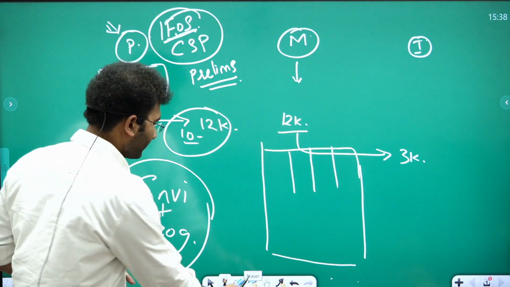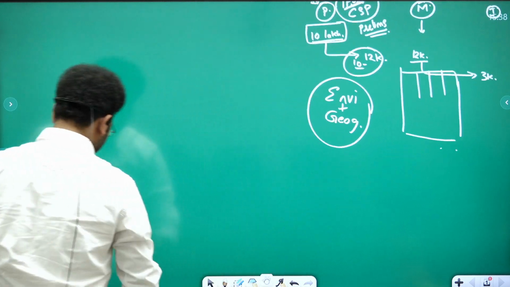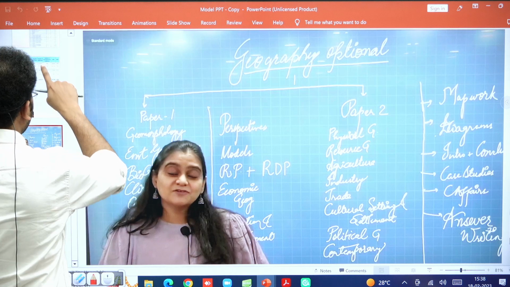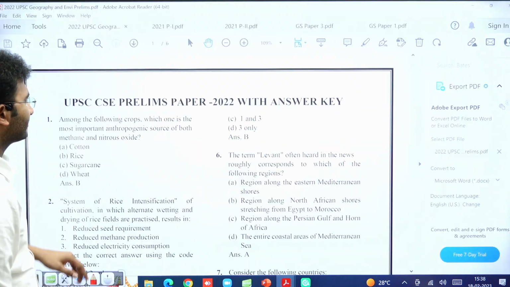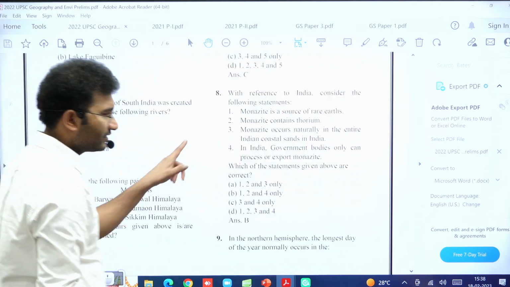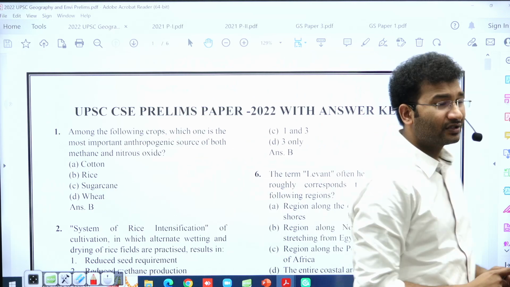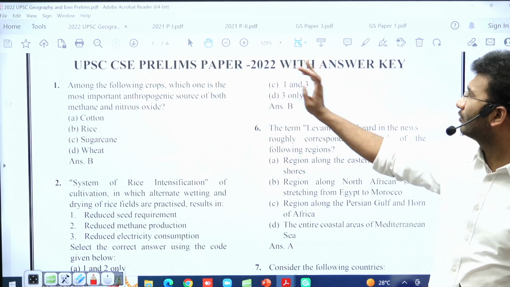Now see, look at the number of questions that are asked in the preliminary examination. I'll be showing you the number of questions that were asked in the UPSC Civil Services preliminary examination in the year 2022. See, this is the broad list. You look at the number of questions asked here, UPSC Civil Services Prelims Paper 2022.